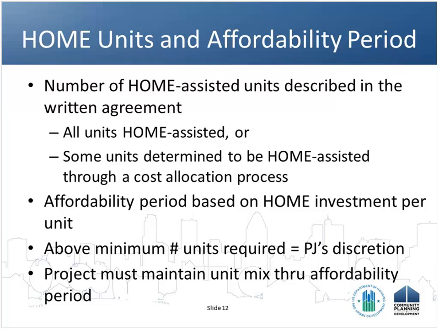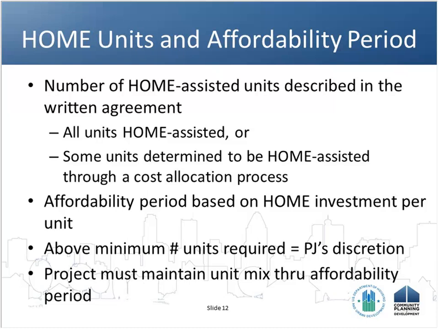So we have minimum affordability periods that are going to be set by the HOME program. For rental, if it's rehabilitation, it's going to be 5, 10, or 15 years based on our investment in those units. But for new construction, we have an automatic 20-year affordability period.